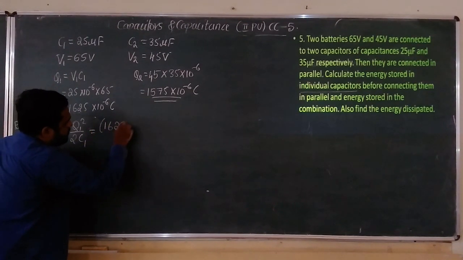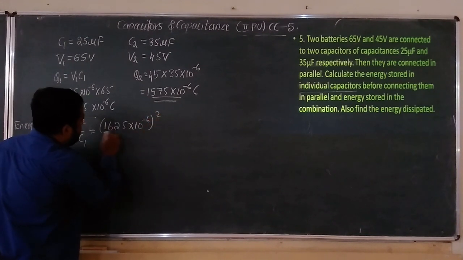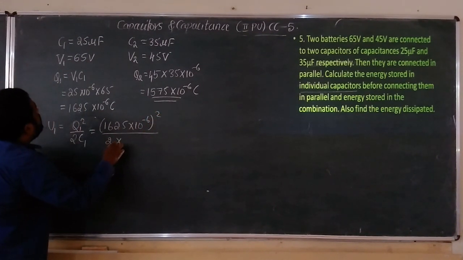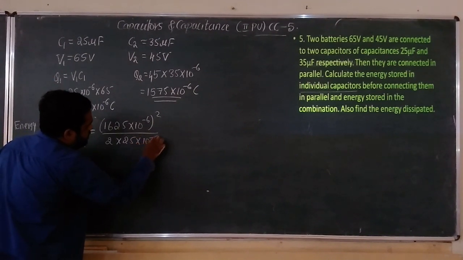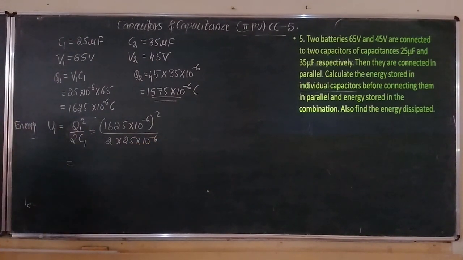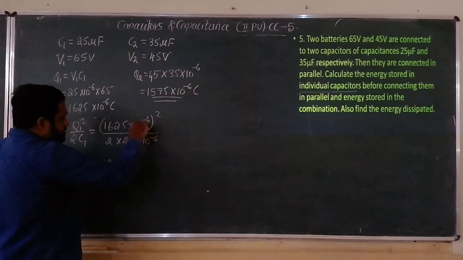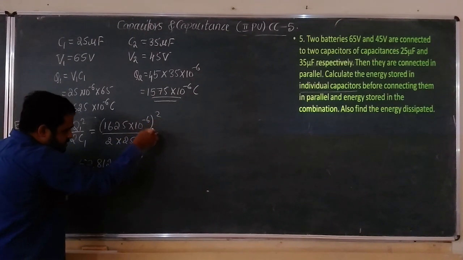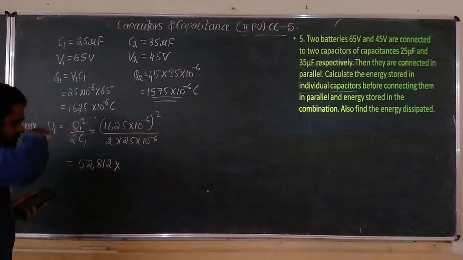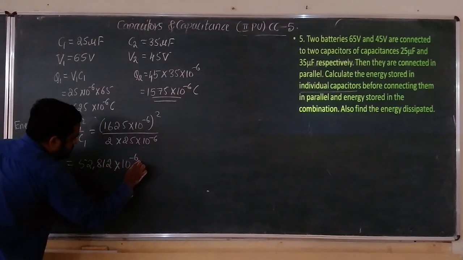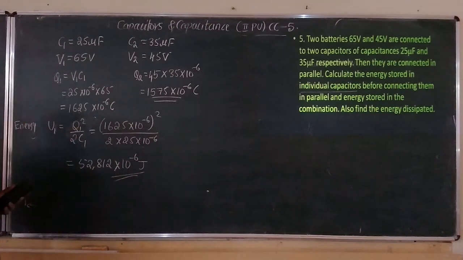So (1625 into 10 power minus 6) square divided by 2 into 25 into 10 power minus 6. So it is 1625 square divided by 2 into 25, that is 50. So it is equal to 52812 into 10 power minus 12 over 10 power minus 6. The 10 to the power minus 6 cancels, so the remaining will be 10 power minus 6 joule, the energy stored in the first capacitor.